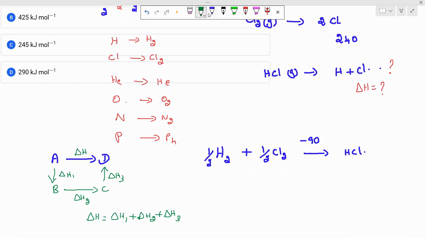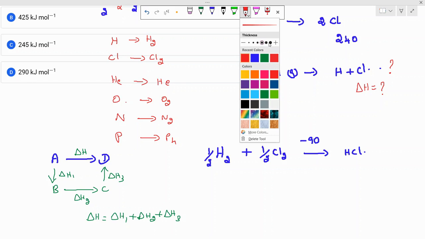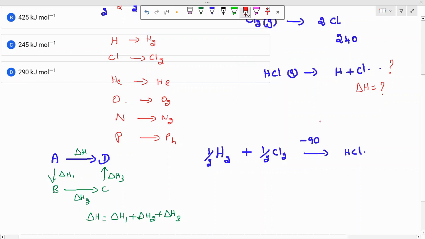So I'm going to take the indirect process now. Why am I taking the indirect process? Because I don't have that data, right? By using the indirect process only, I will get the bond enthalpy. First, I'm going to break the H2 gas into H, but here I'm not breaking 1 mole of molecule, I'm just breaking a half mole.